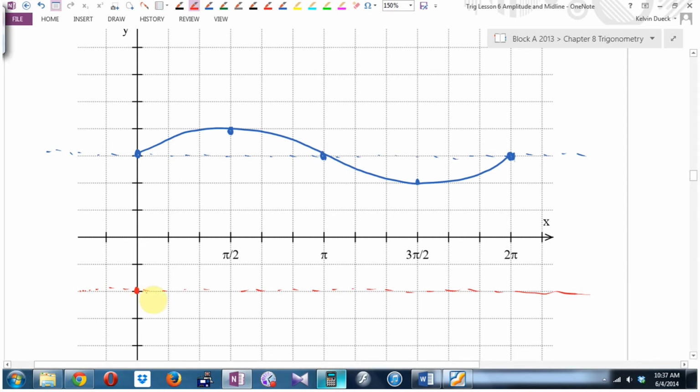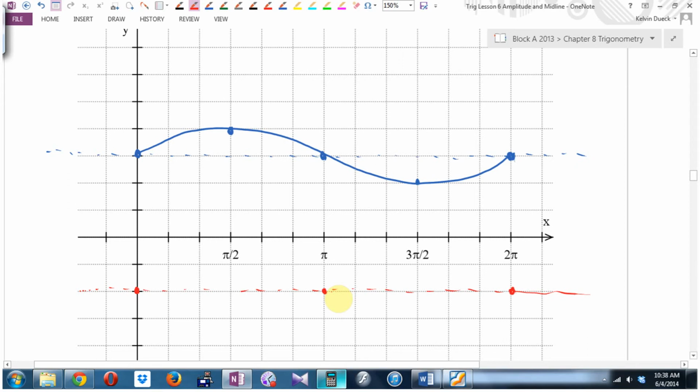Sine starts in the middle. But my new middle is this new midline. Sine is 2 pi long. It's going to repeat itself when I get back to 2 pi. It's going to be back dead center here.